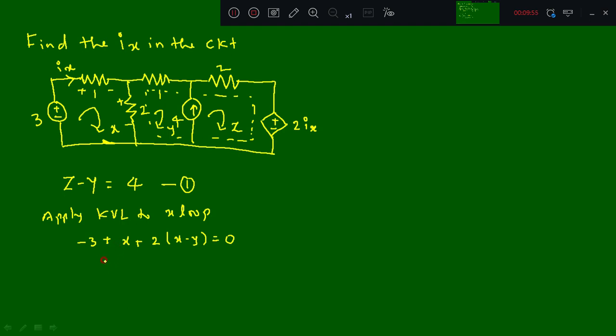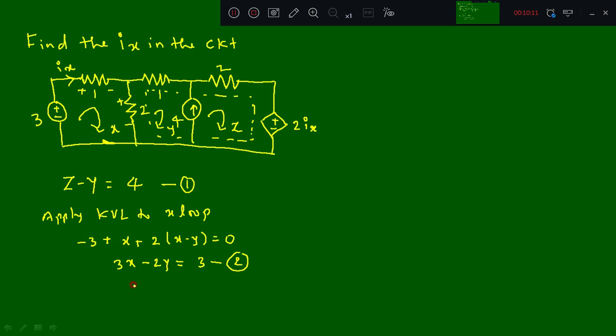When we simplify this, we get 3x minus 2y is equal to 3. This is equation number 2.